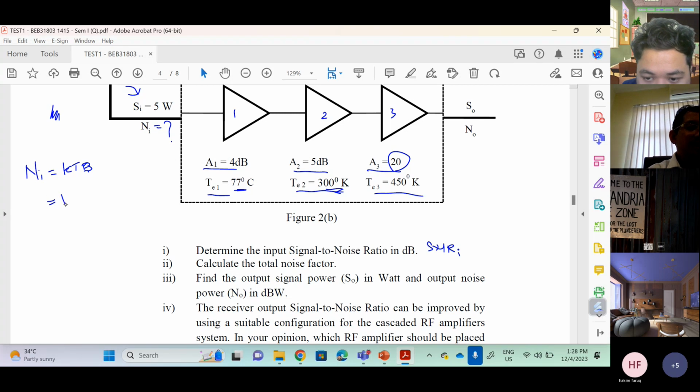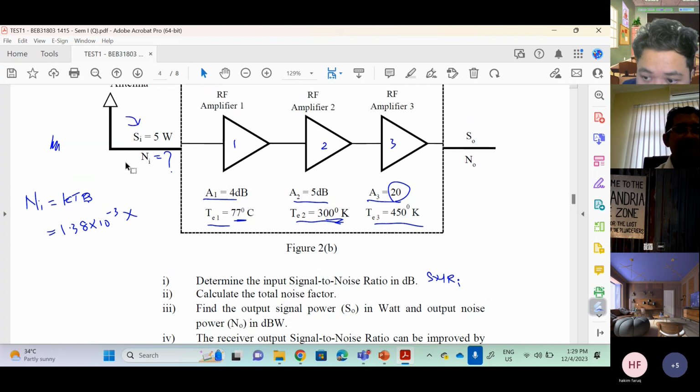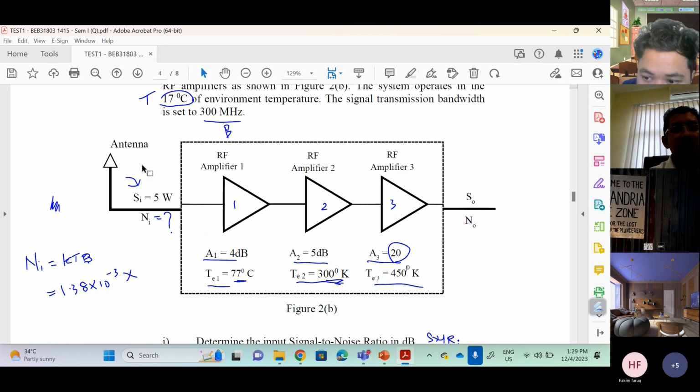Here we have 1.38 times 10 to the power of minus 23, multiplied with temperature. The temperature at the input refers to the ambient temperature. So you multiply with 17 degrees. Remember, 17 degrees Celsius changed to Kelvin becomes 290 Kelvin.